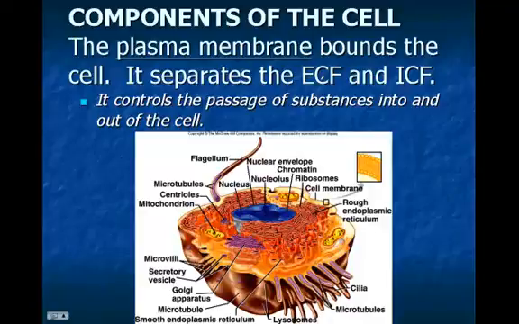So the first part of this lecture is going to be talking about the cell theory, cell biology, the structure of the cell, the organelles in the cell, and then the second part will be talking about how we transport things into and out of the cell, and lastly, how the cell is able to produce energy. So that's the breakdown of the lecture for today.